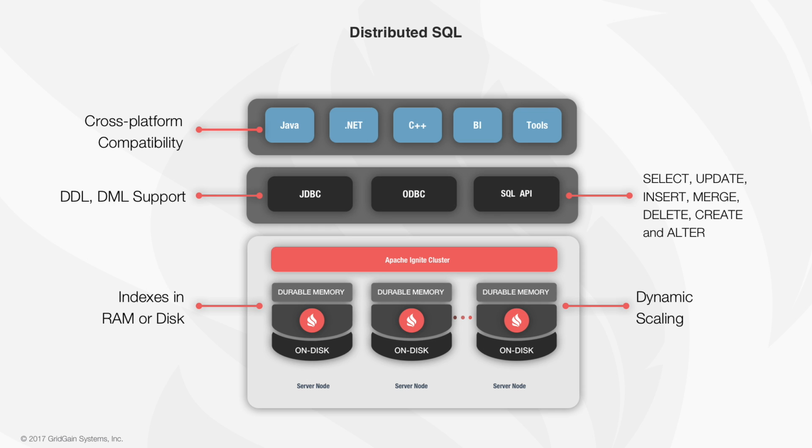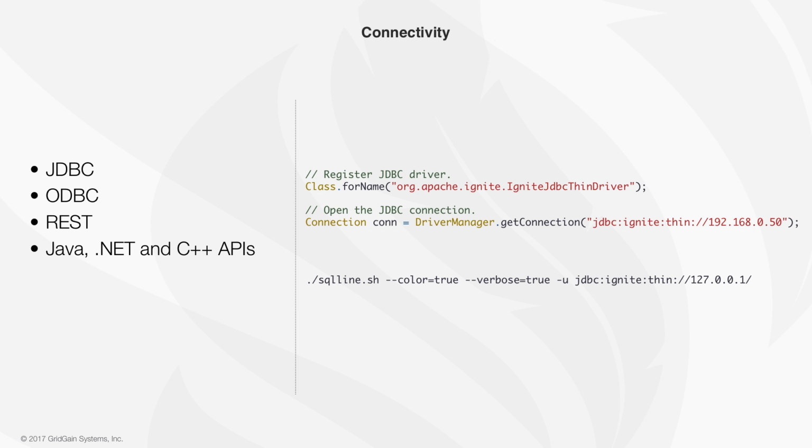You can connect to Ignite by means of so-called native SQL APIs. Those are just APIs that are available for Java, .NET, or C++ developers, who are the lucky ones. They have special native libraries developed by the Apache Ignite community for them. But at the same time, if your favorite language is different from Java or .NET, you can use JDBC or ODBC as a way to talk to your cluster.